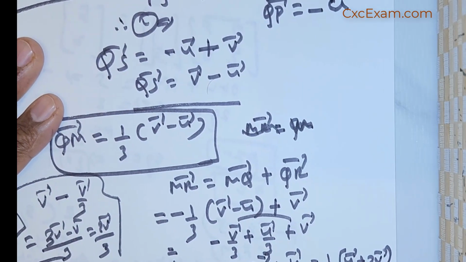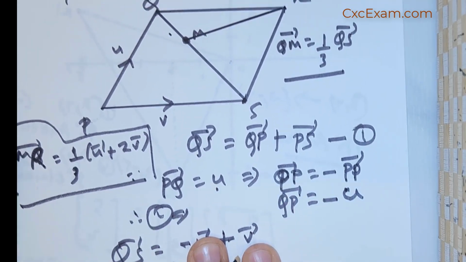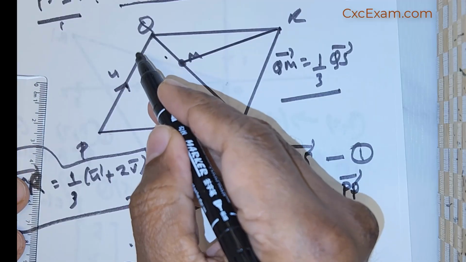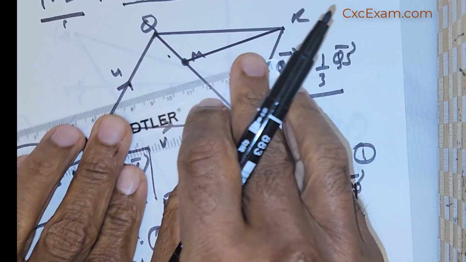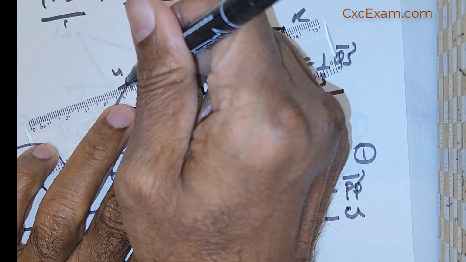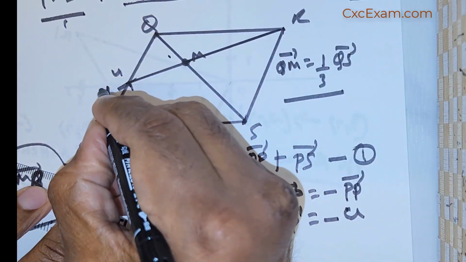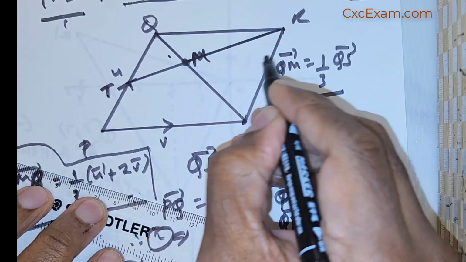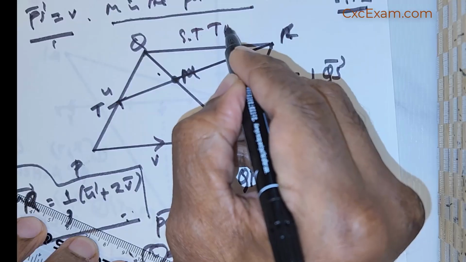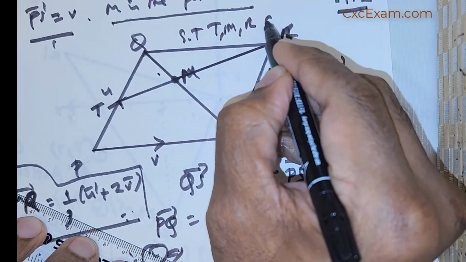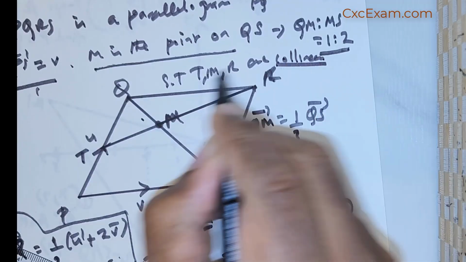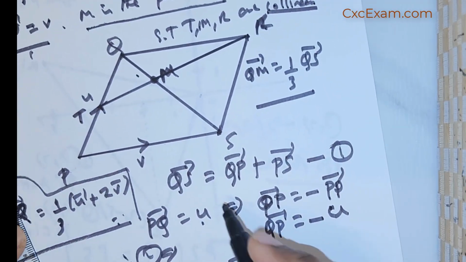Okay. Now the next point is that we are given that T is at the midpoint of PQ. So if I connect this, I have this point T, this point M, and this point R. Now we are asked to show that T, M, R are collinear. That means they all lie on the same line.